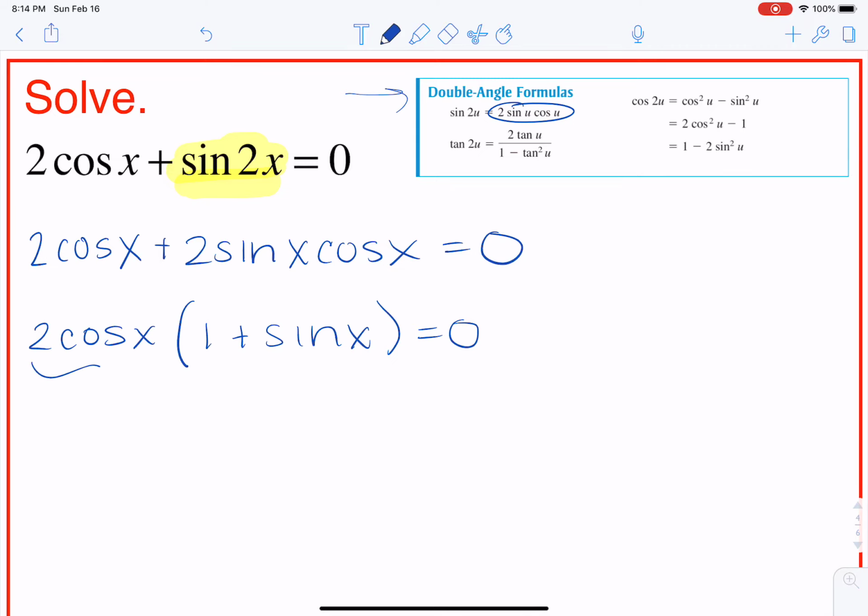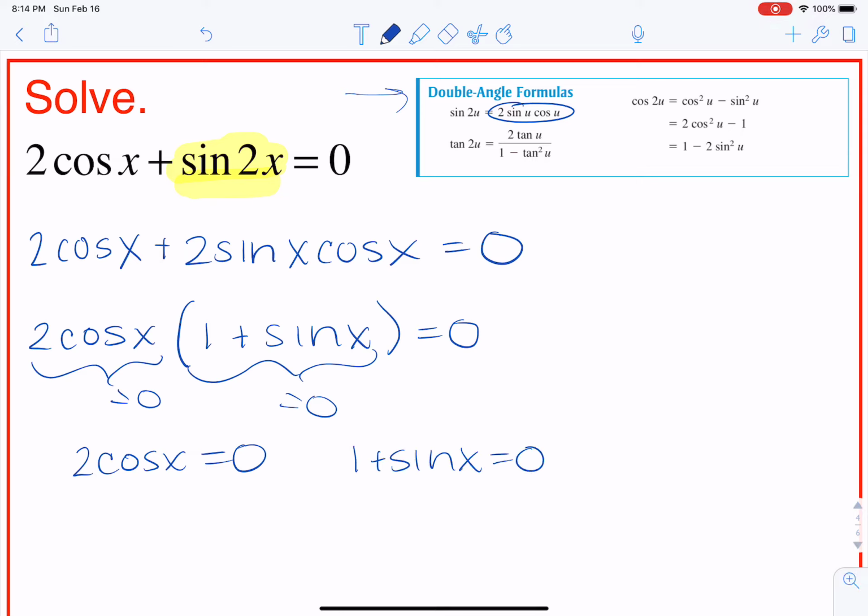So now I know that either this must equal 0 or this piece must equal 0. So 2 cosine of x equals 0 and 1 plus sine of x is equal to 0. Here I can divide both sides by 2 and get that cosine of x is equal to 0, which I know happens at pi over 2 and at 3 pi over 2.